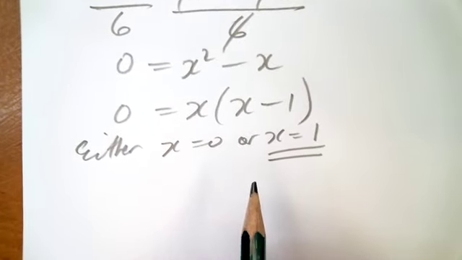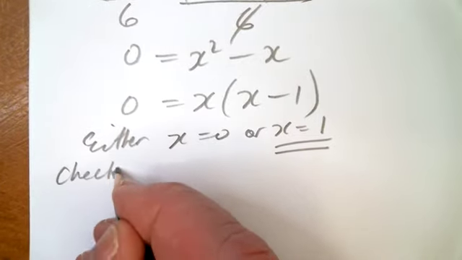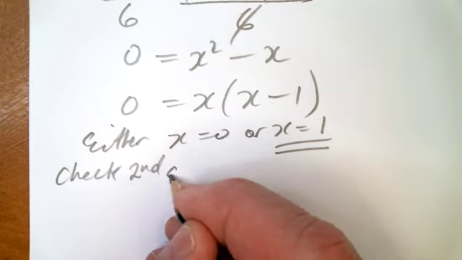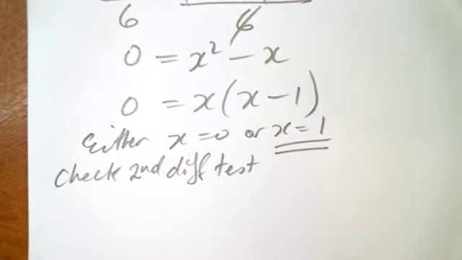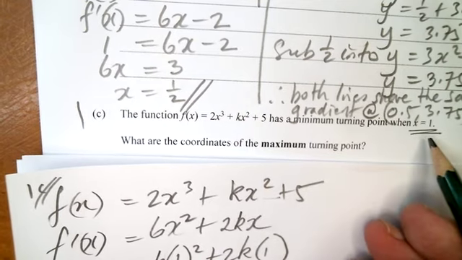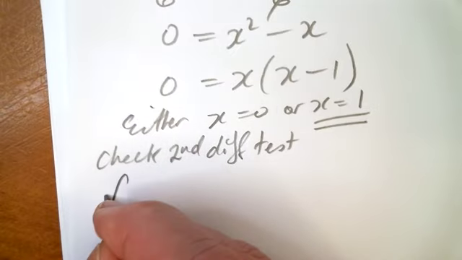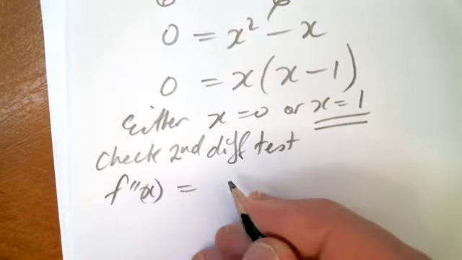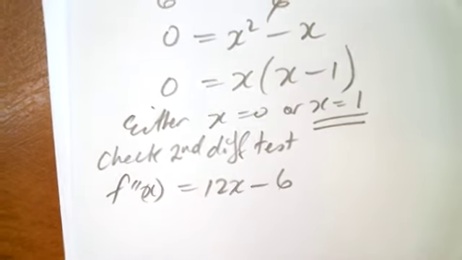Now, we should probably test to make sure that's true. Second differential test. We're going to test both of them. First, let's test x is 1, which should be a minimum, as it says here. Let's make sure that's true. f double prime x is going to be 12x minus 6.